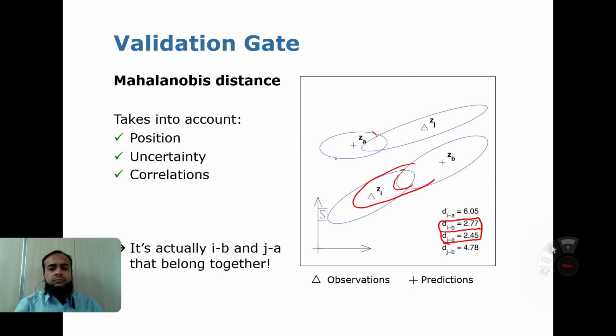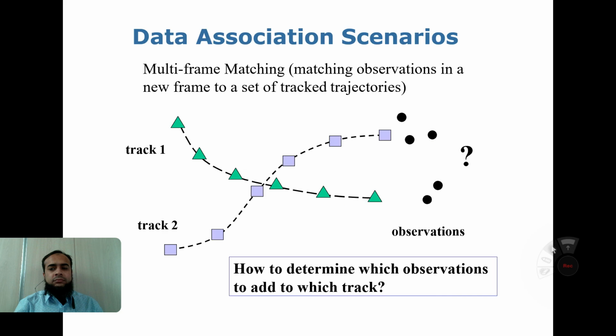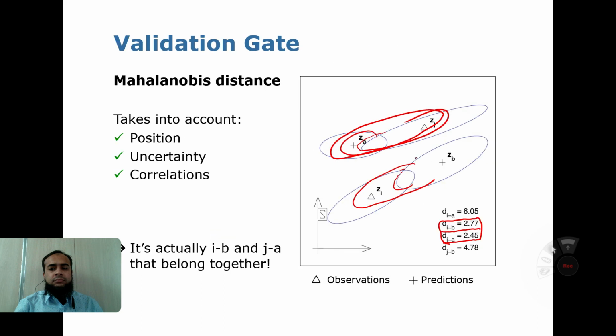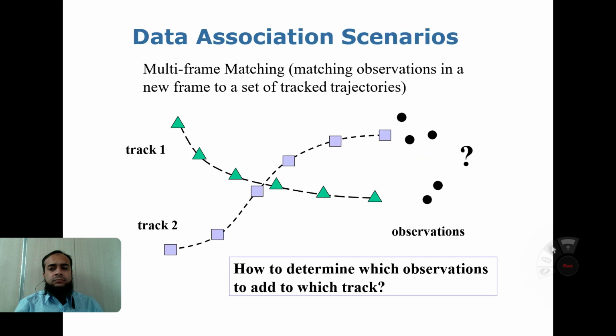So the validation gates combine, because the distance between I and A is very close, so they belong, and also B and A combined, I and B combined. So here is the scenario.